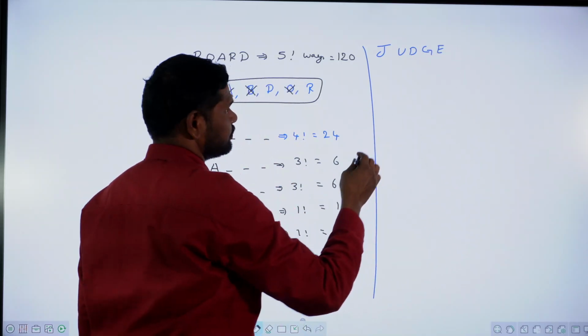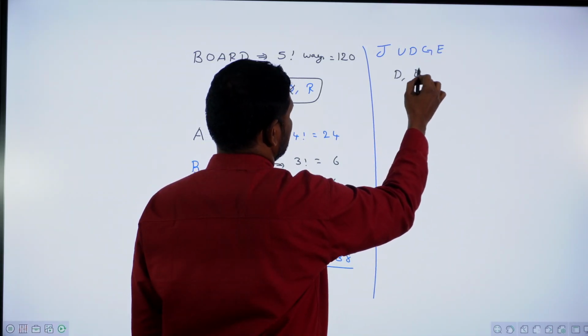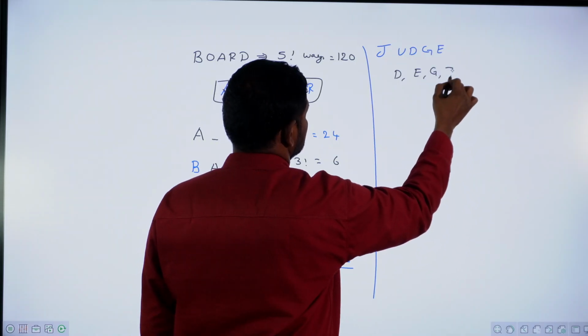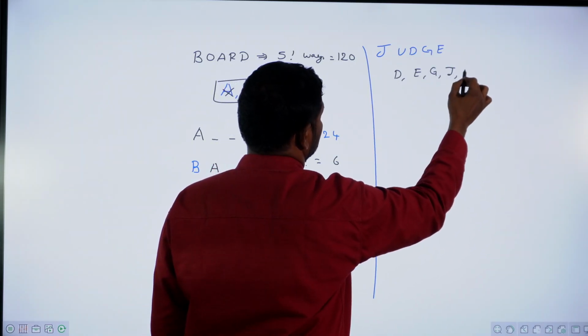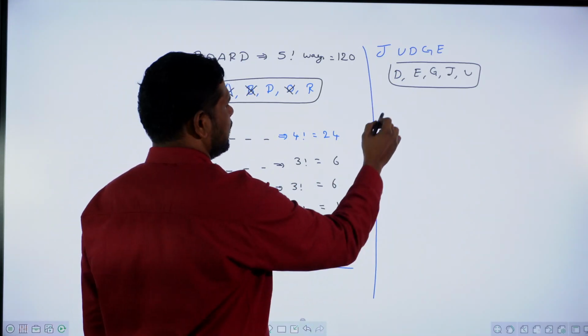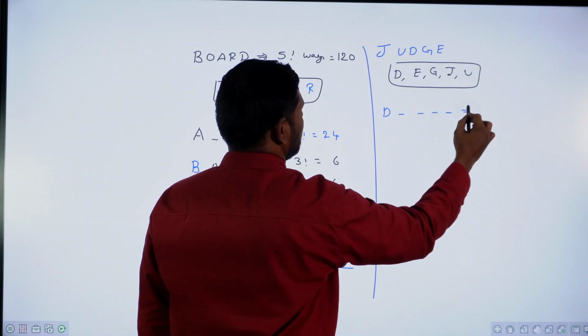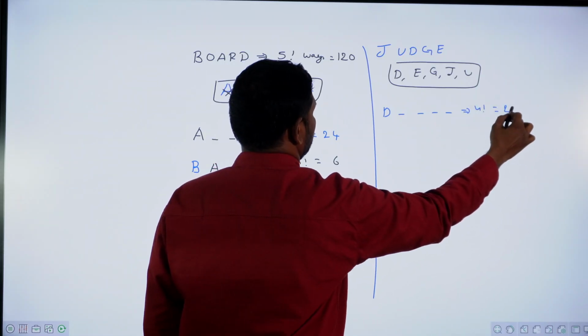And similarly, observe one more, then you will have a clear idea. Suppose JUDGE. Here, arrange in alphabetical order: D, E, G, J, then U. It's clear. First, you start with D. We are having J at first, so with 4 different letters, 4 factorial, 24 ways.